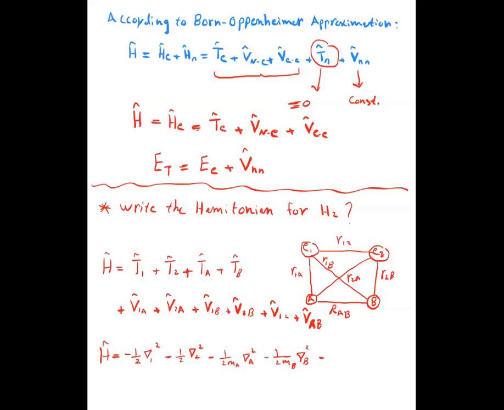Now the potential between electrons and nuclei: minus ZA over R 1A, minus ZA over R 2A, minus ZB over R 1B, minus ZB over R 2B, plus 1 over R 1 2, which is the potential between electrons 1 and 2, and also plus ZA ZB divided by R AB.